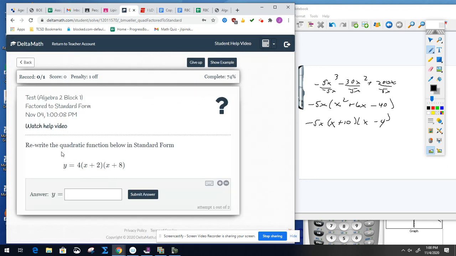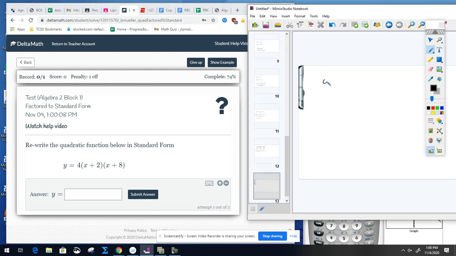Okay, so now write a quadratic below in standard form. So what they're asking you to do is to FOIL this and then write it in standard form. I'm going to FOIL this before I distribute. So x squared plus 8x plus 2x plus 16, 4 times x squared plus 10x plus 16.